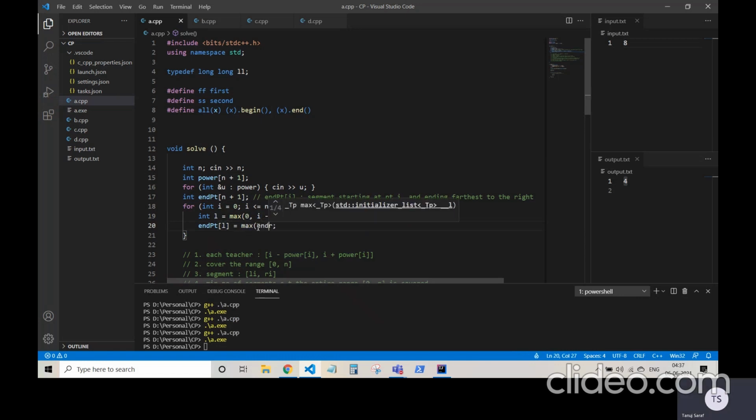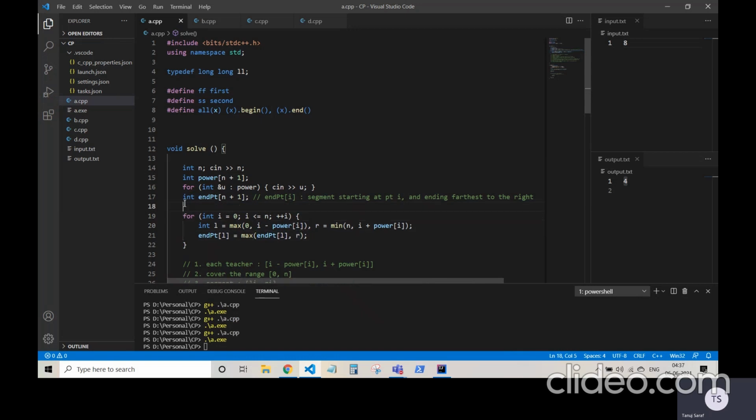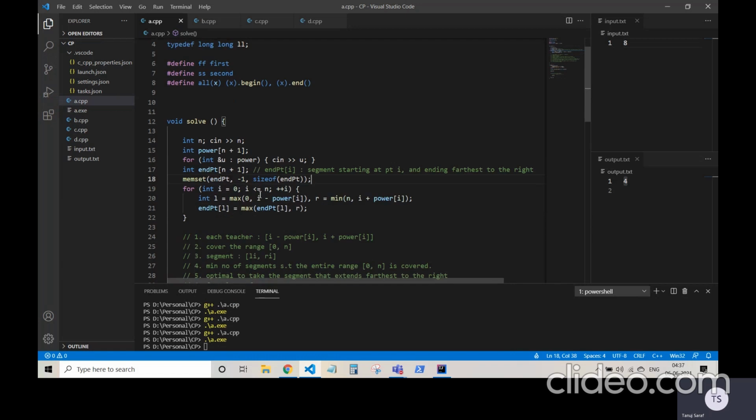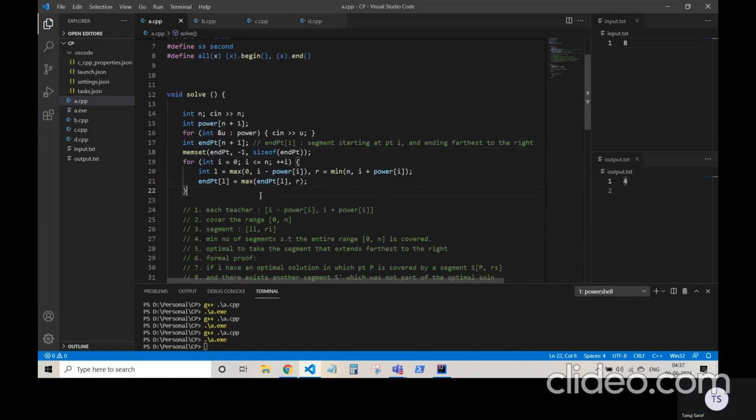So we would have to maximize endpoint of L, and we take the max of the value and R. Initially let's set it as minus 1, because if there is no segment starting at that point, we say that its value is minus 1, since all other endpoints are strictly non-negative.